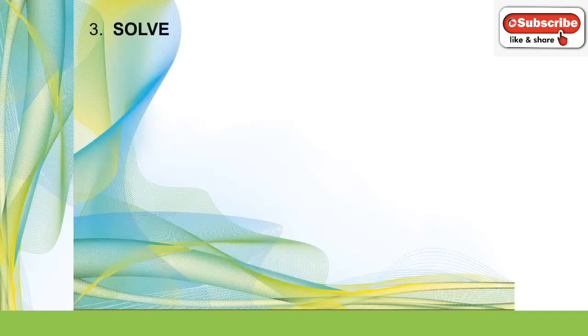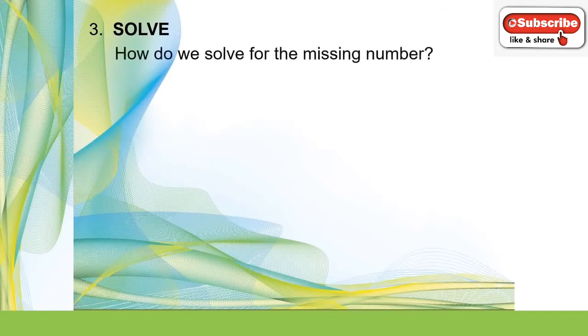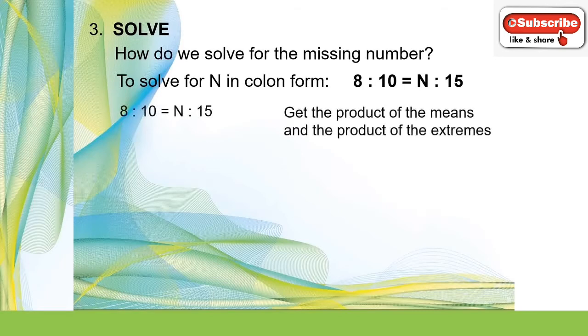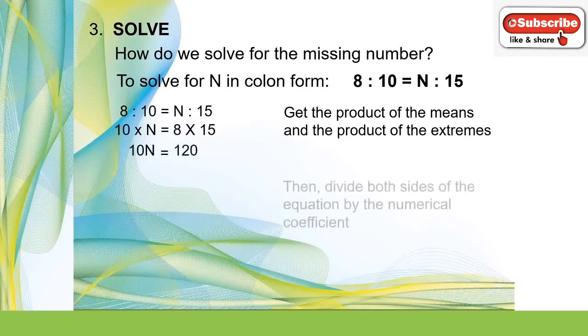The third step is to solve the problem. How do we solve for the missing number? To solve for n in column form, 8 is to 10 as n is to 15. First, get the product of the means and get the product of the extremes. So multiply 10 times n, then multiply 8 times 15. 10 times n equals 10n, 8 times 15 equals 120.